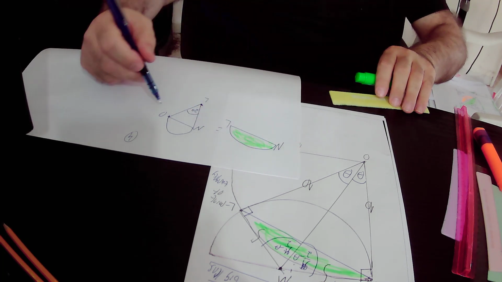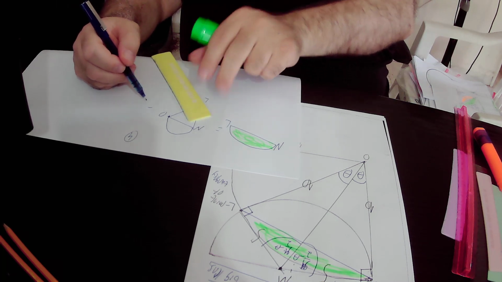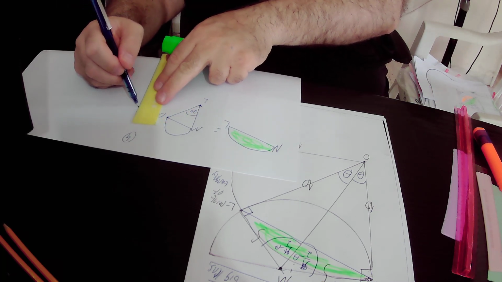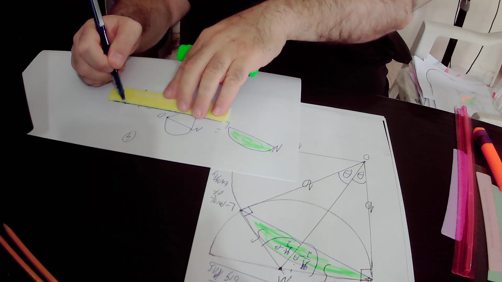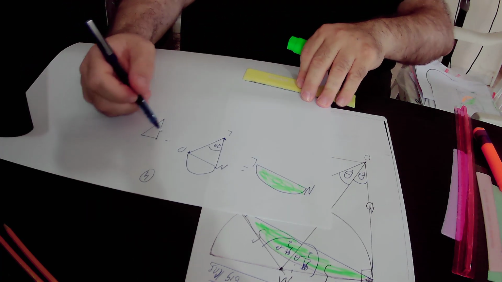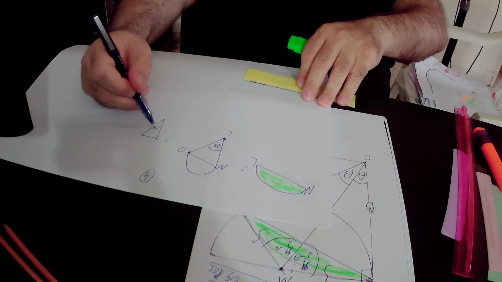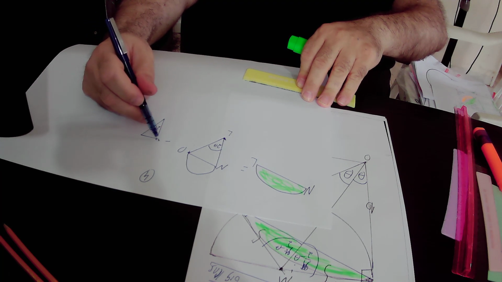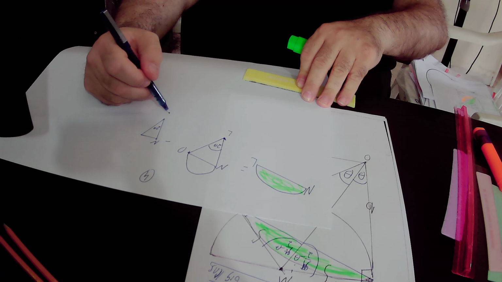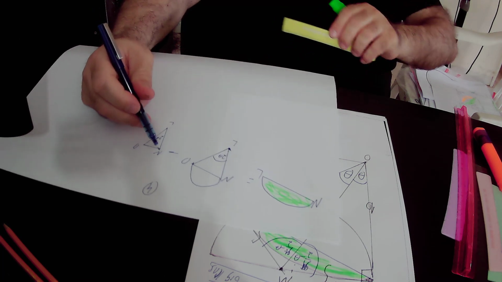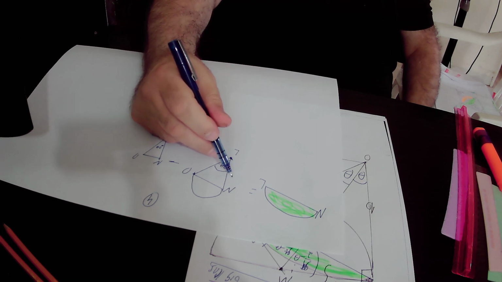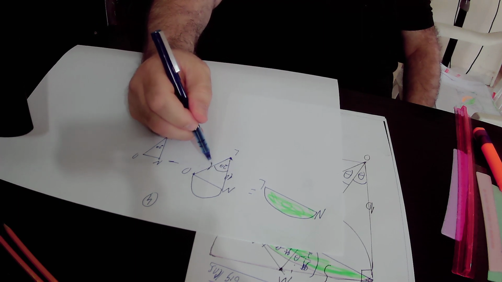Minus the area of triangle NOL. This is triangle NOL. NO equals 10 units, LO equals 10 units.